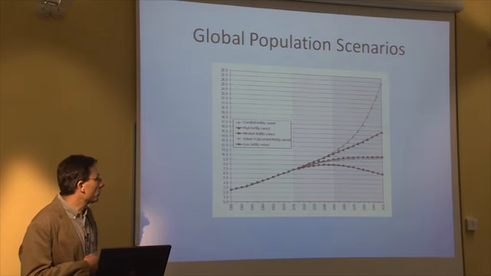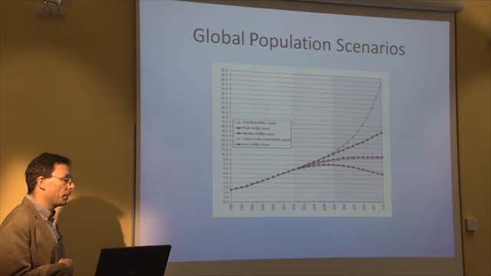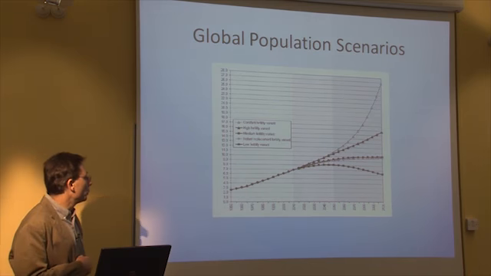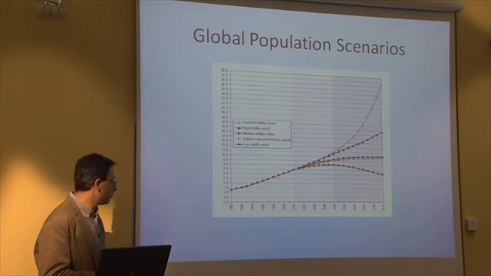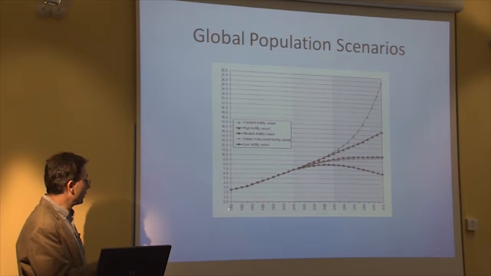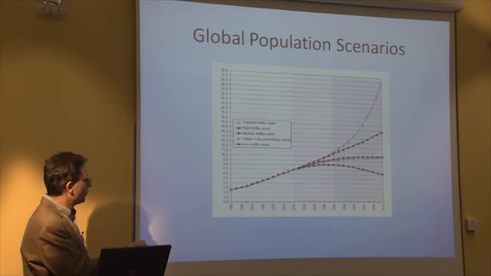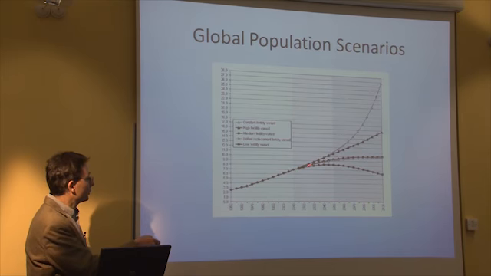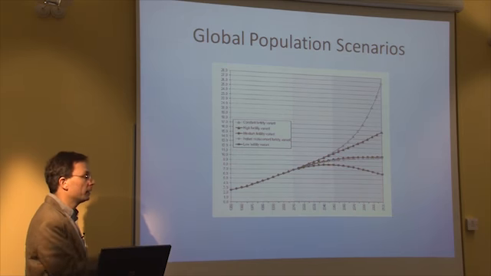So here's a set of pretty standard global population scenarios. These come from the UN, showing historic global population from 1900 through to the present, 2100, and then various scenarios of how that population might change in the future.